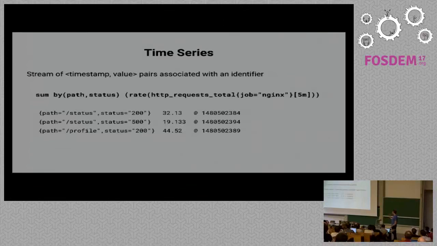Then we get a request rate, and we can aggregate these again by certain labels, in this case request path and status code. What we get is pairs of path and status, and the rate value for each. And we can evaluate the same thing over a range of time, and then we get essentially new series.